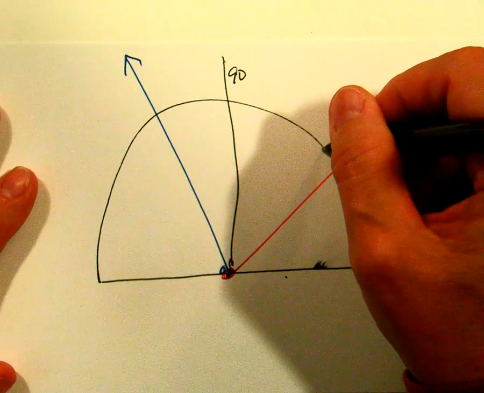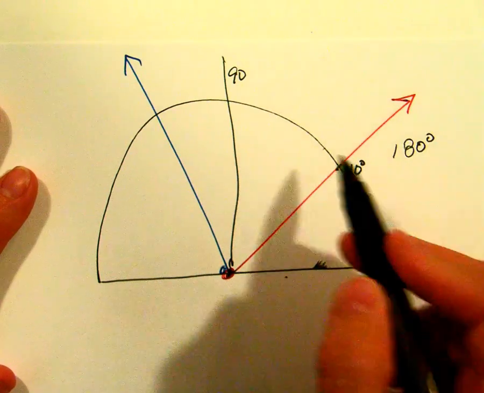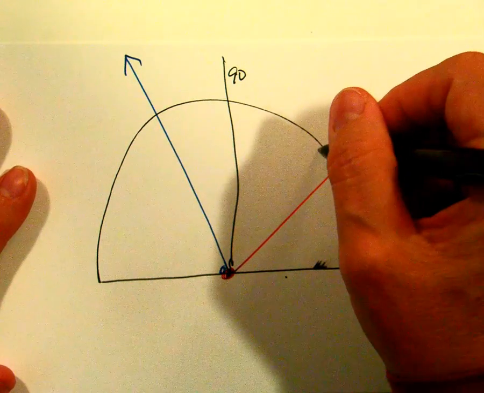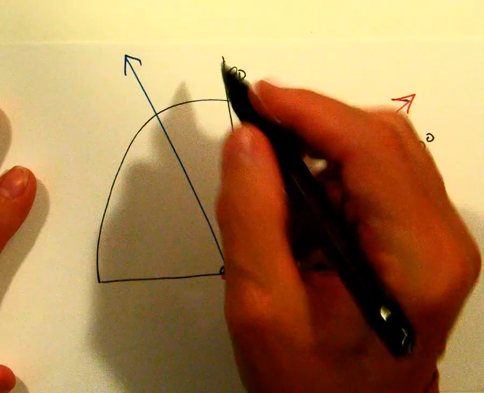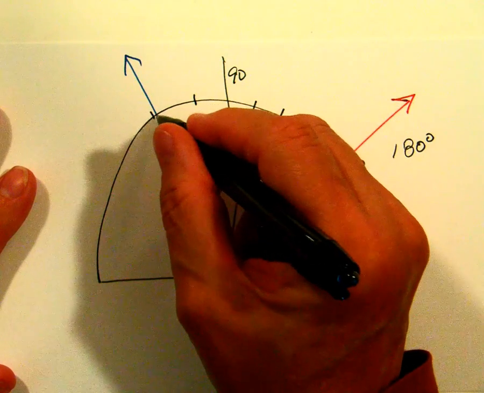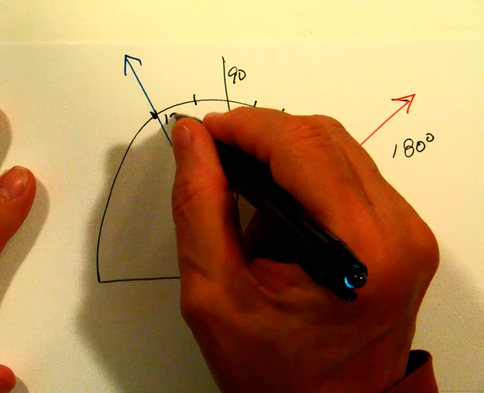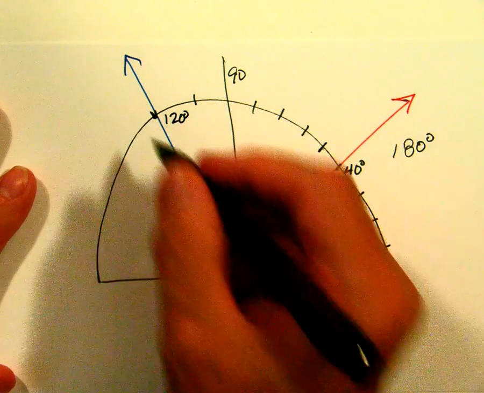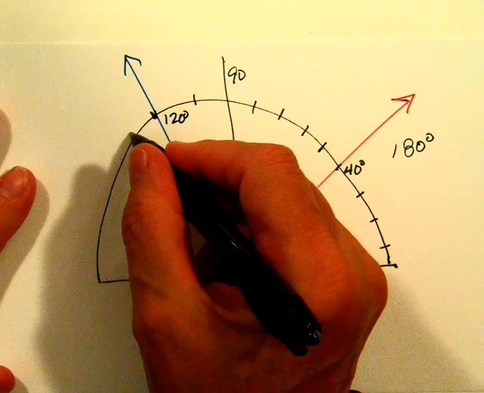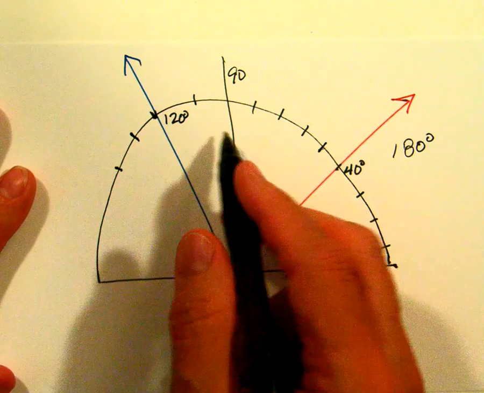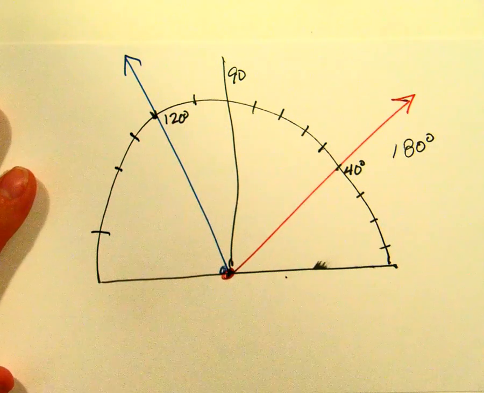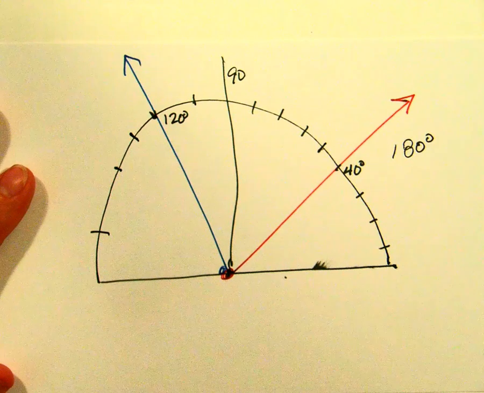I'm now making marks about every 10 degrees: 50, 60, 70, 80, 90, 110, 120. We'll say that that one is at 120. Then 140, 160, oops. Okay, 180, that's a big one. We'll pretend it's equal.